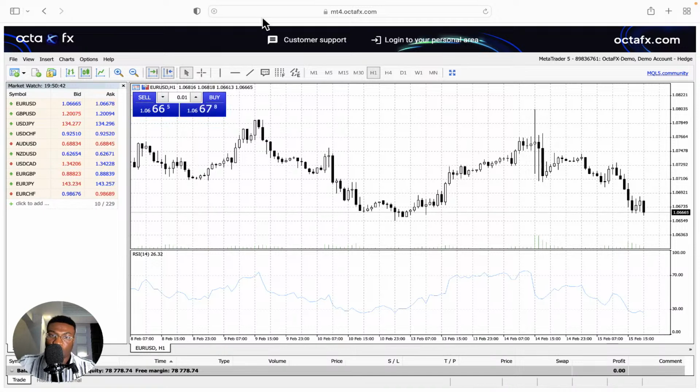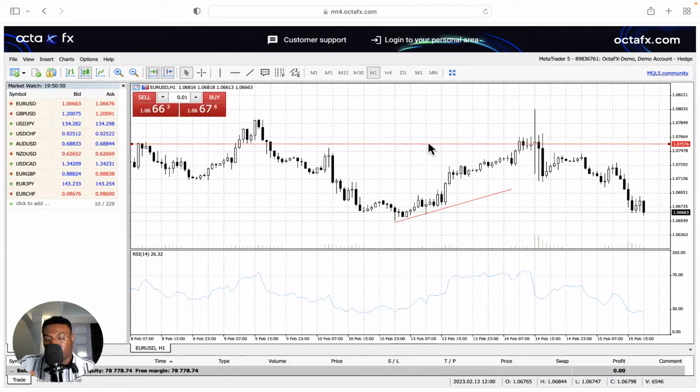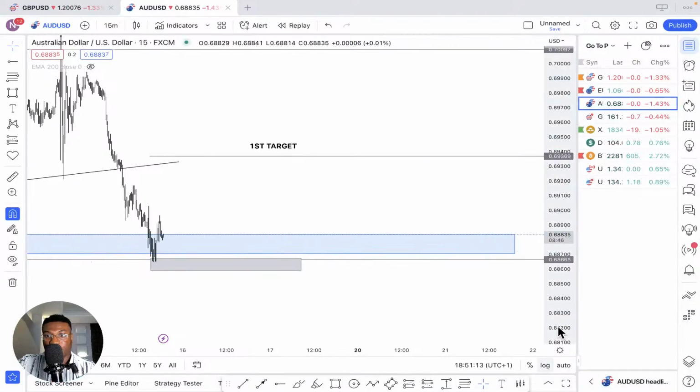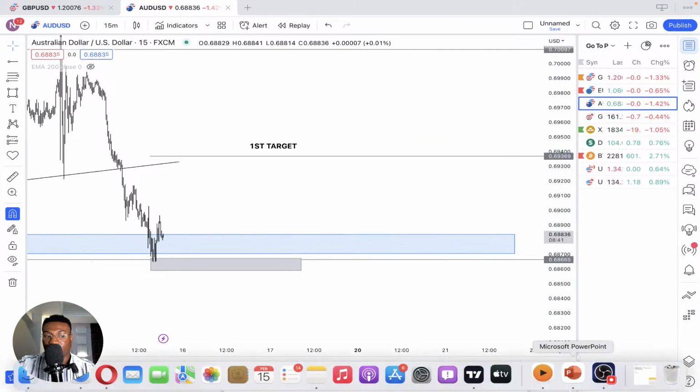When you access this web terminal, you log into your personal area, you now have access to trend lines, the horizontal lines, and the variety of tools at your disposal to still make your analysis. Just make view on XAUUSD. I just analyzed XAUUSD, so I can do a playback on the video to rewatch and understand the analysis I made on XAUUSD.